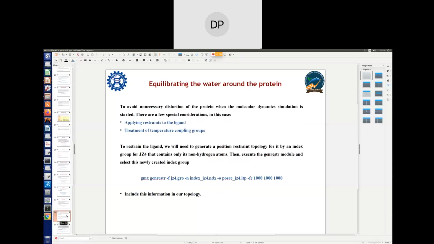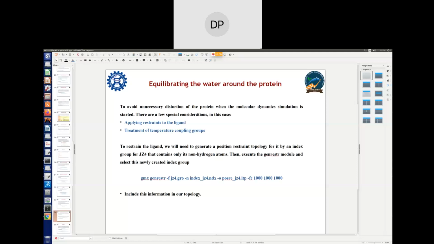Next is the equilibration of the water around the protein. This is a very important stage. After minimizing, you need to establish the equilibration in the simulation box. Equilibration is also called position restraint dynamics, where you are running a small dynamics run like 10 ns or 20 ns based on your requirement.